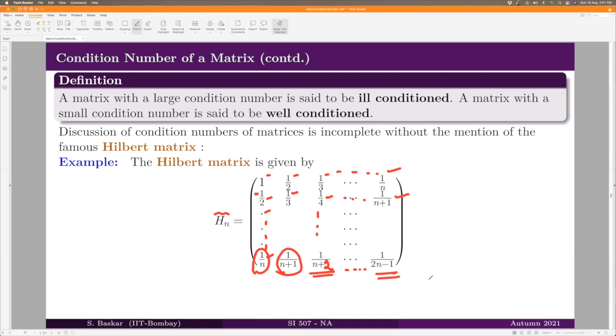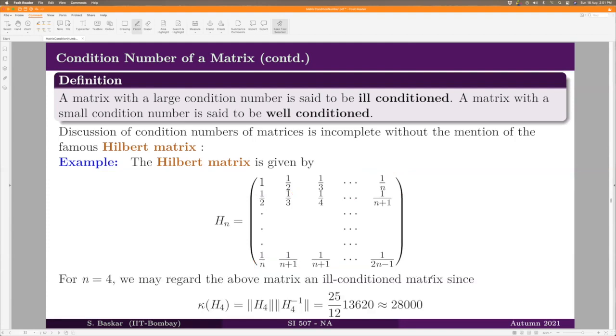As I told, in many applications, we come across Hilbert matrix as the coefficient matrix for our linear system. Let us try to see how big the condition number of this matrix is. Let us just take n is equal to 4, and you see the condition number of H4 is given by this number. I think I have taken the L infinity norm in computing this, and you can see that this 4 by 4 system with the coefficient matrix has a condition number of about 28,000.